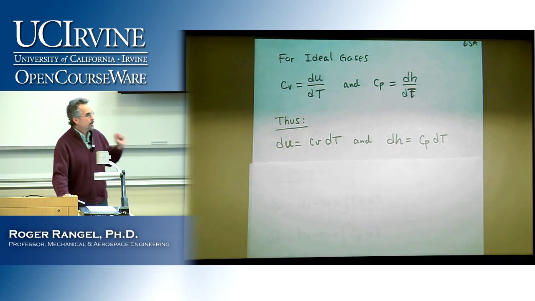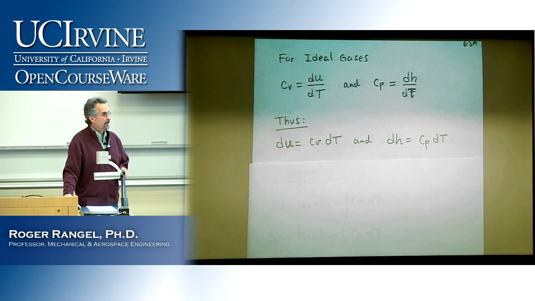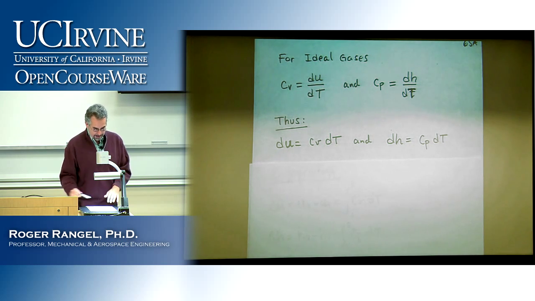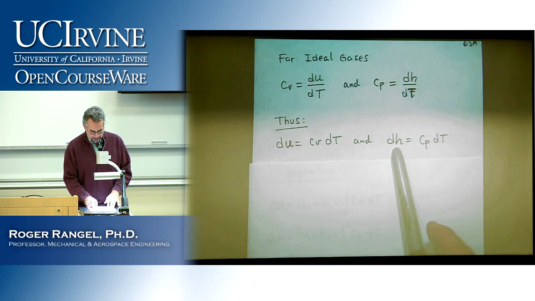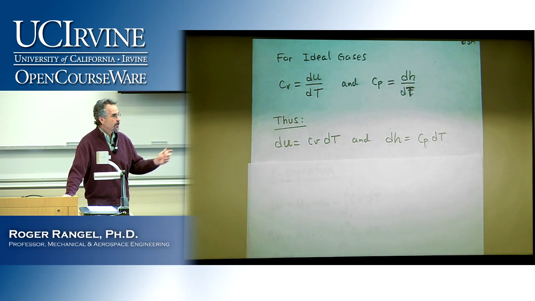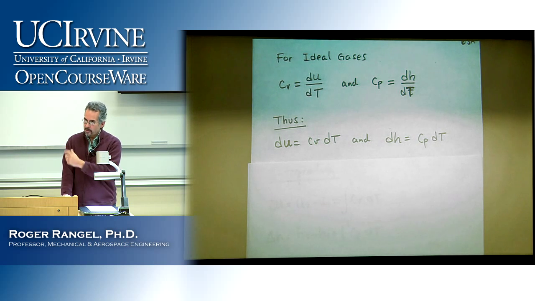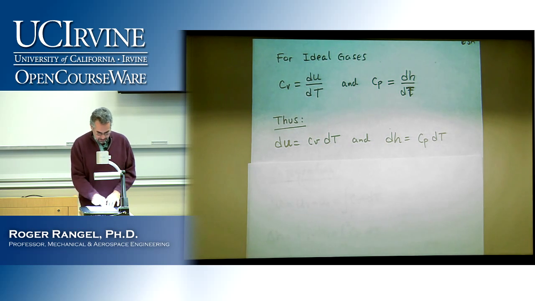Remember, the usefulness of C sub P and C sub V is that they allow us to calculate the changes in internal energy and enthalpy. It's just a tool to find the variation in energy or enthalpy if we know the change in temperature, because the change in temperature is easy to measure, and the specific heats you can find in tables. They're tabulated.